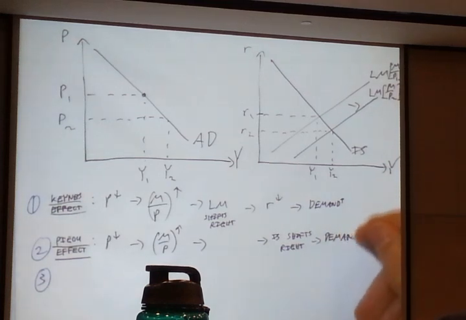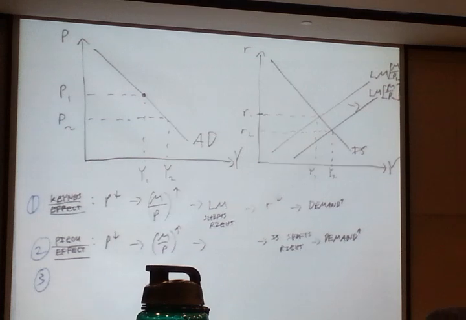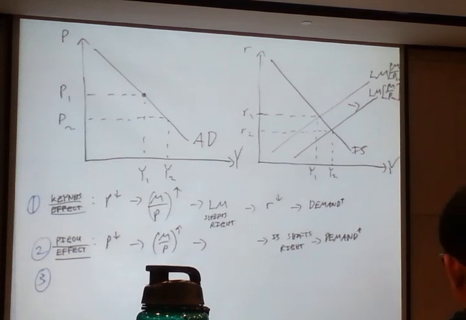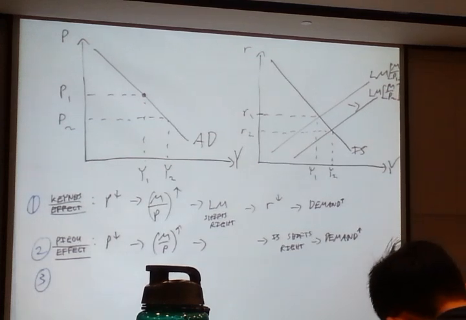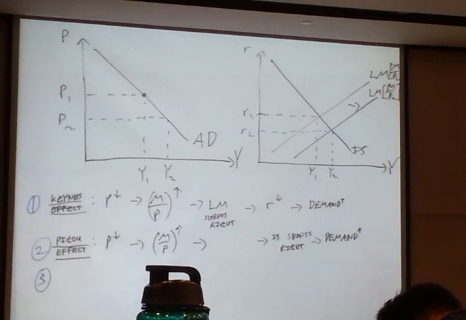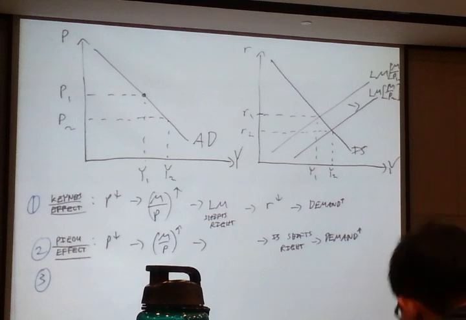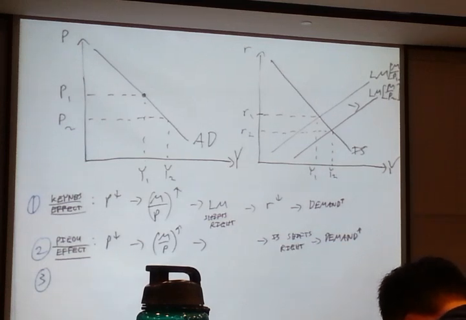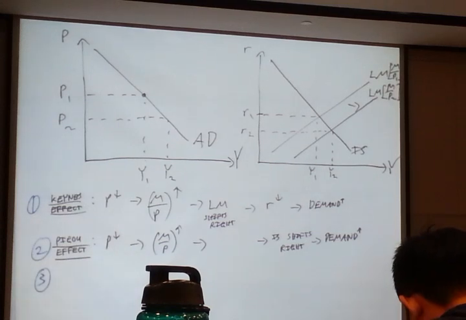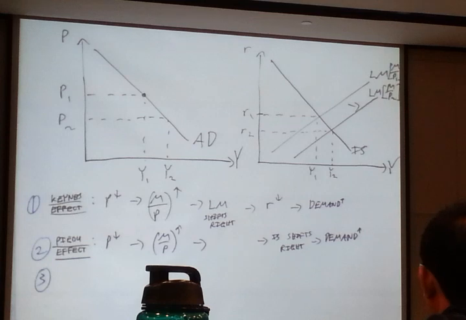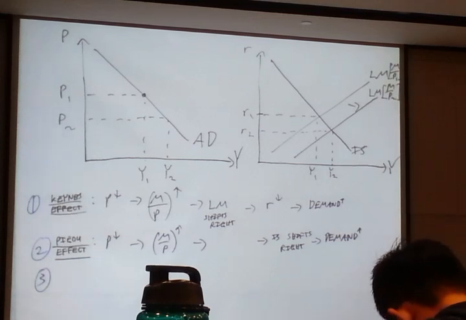So the end point of the argument is IS shifting to the right will boost demand, move along the LM curve. But why does the IS curve shift? And why does consumption increase? It's people feel wealthier. Money is an asset. The value of the asset has gone up. You're wealthier.